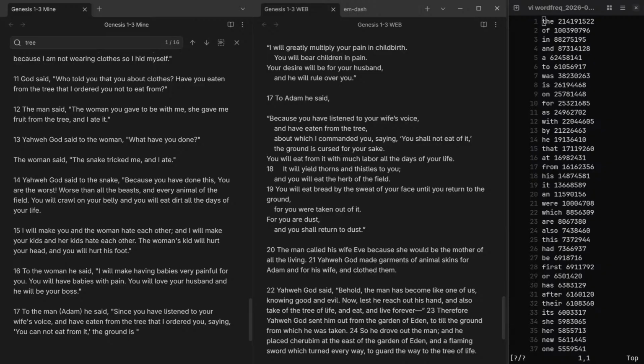You cannot eat from it. I don't want to use the word cursed, really. I guess there's no way to weasel out of it at the moment. The ground is cursed because of you.